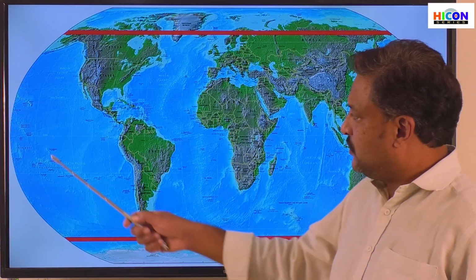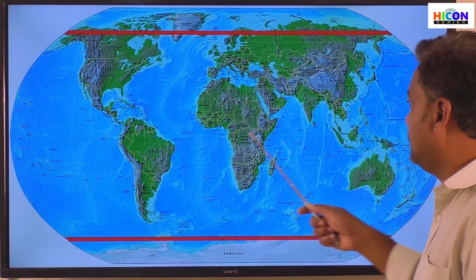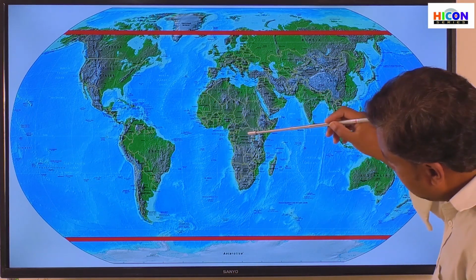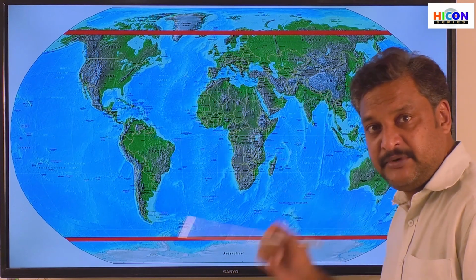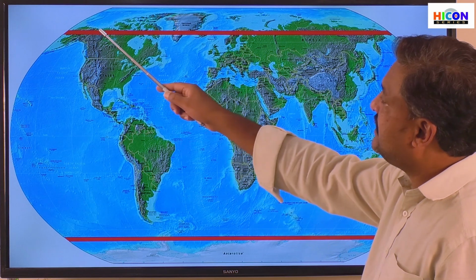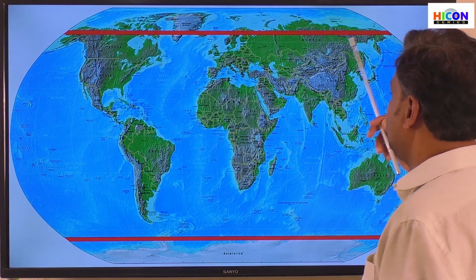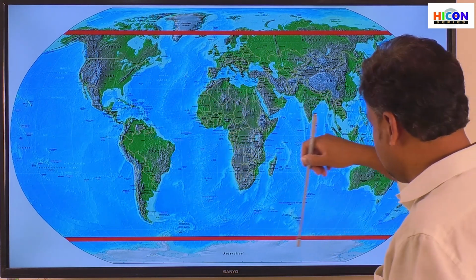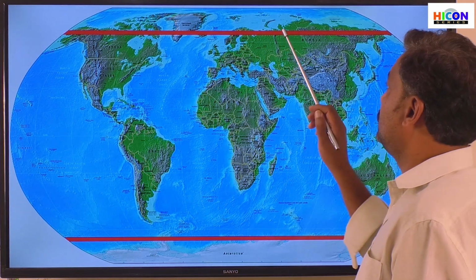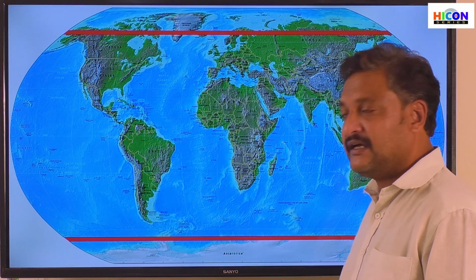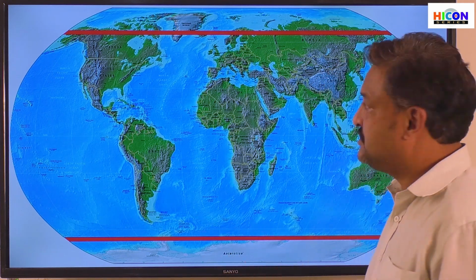So we know this is the equator and this is the Democratic Republic of Congo, which we have already studied in the previous lesson. This is the Arctic Circle, the northern Arctic Circle. This is the Antarctic Circle, which is in the south. It's 66.5 degrees north latitude, and this is 66.5 degrees south latitude.